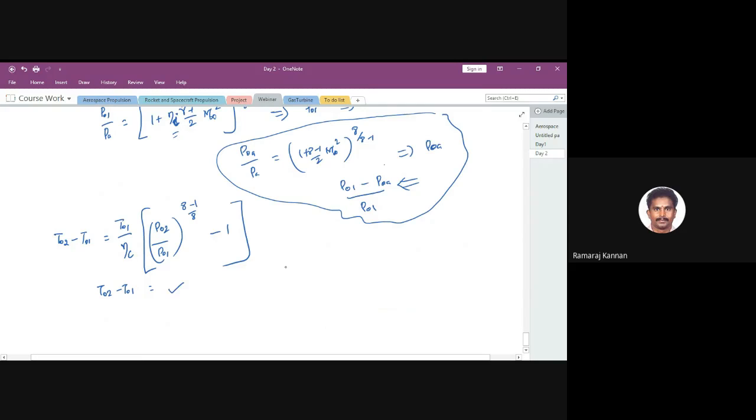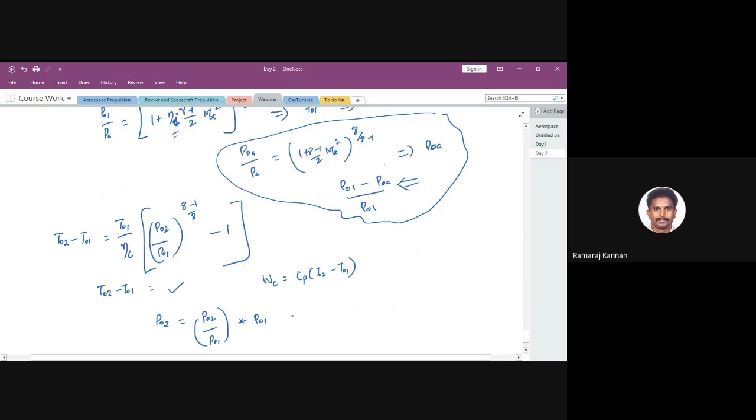We can calculate it. Now we can go for the work done required for the compressor for a unit mass flow. You can do that: Cp into T02 minus T01. This much amount of work is per unit mass flow. Also, how much pressure at the exit of the compressor, that we can also find out: P02 by P01 is the compressor pressure ratio times your P01.